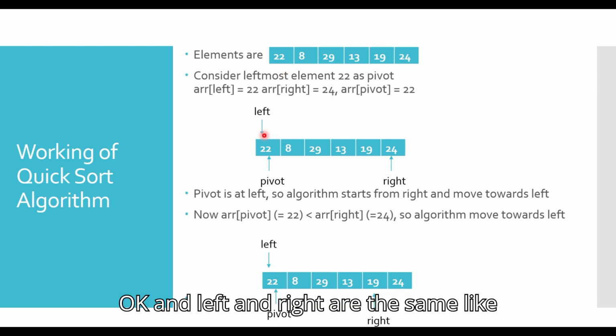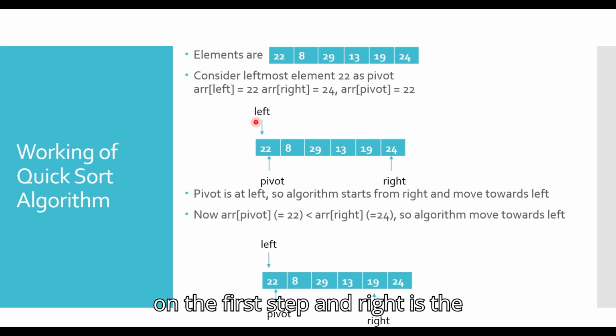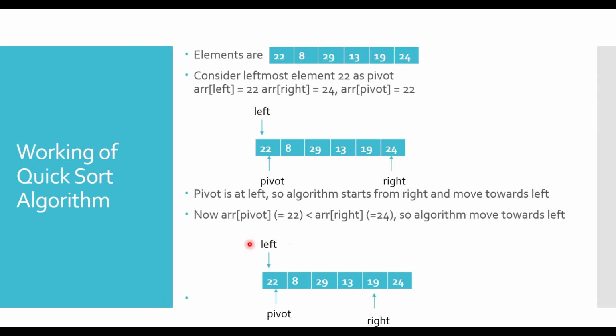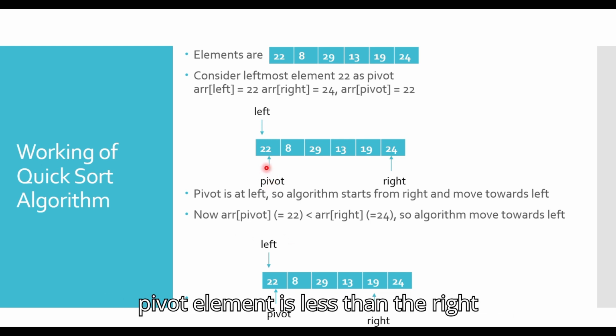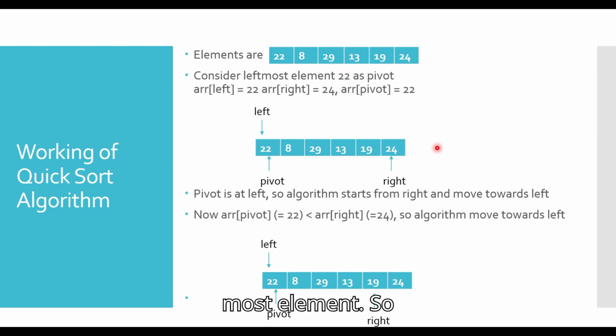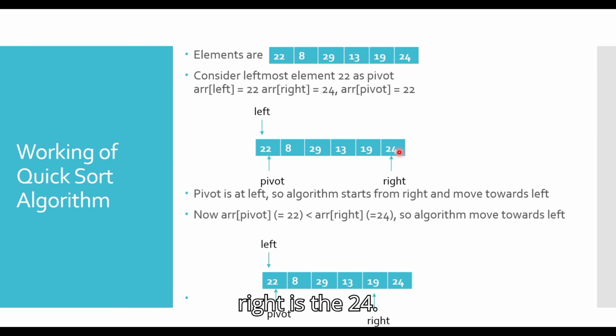Left and pivot are the same in the first step, and right is the last element of the array. Now we check whether the pivot element is less than the rightmost element. The pivot element is 22 and the right is 24.